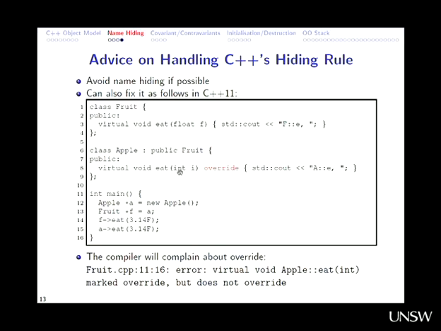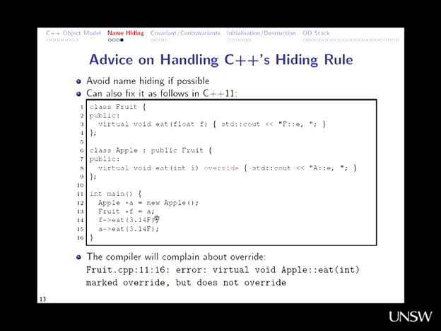Well, if we say that virtual void eat overrides something, so we say the word override here, we're telling the compiler, hey, tell us if we stuff up. And what's happening here is this override is saying, actually, you attempted to override a function called eat that takes an int i, and there's no such function that you were meant to have overridden.